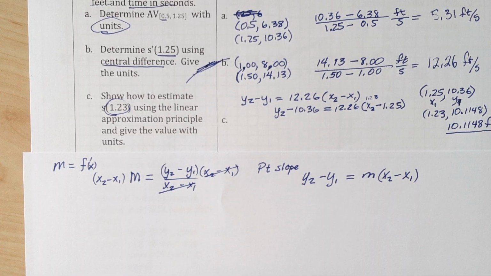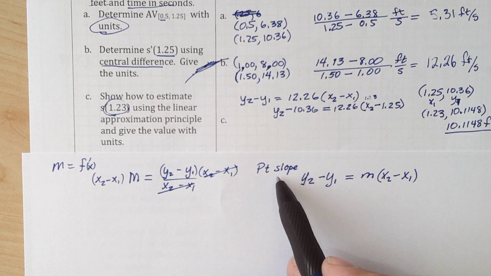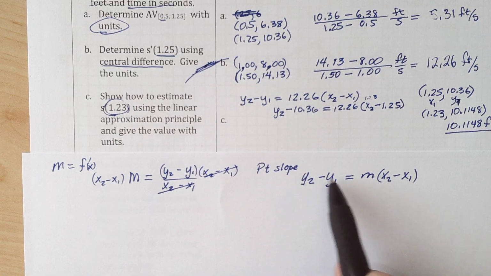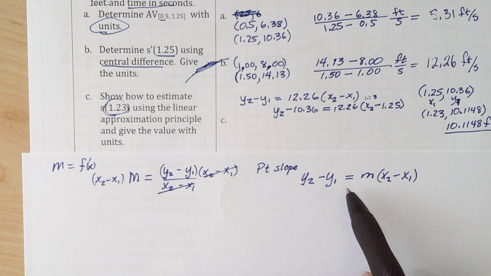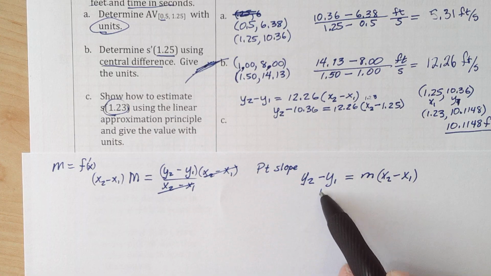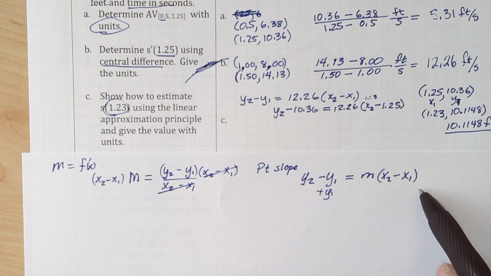Now, that's using the point slope form. Now, the book uses the linear approximation, local linearization formula, and all they did is take the y minus y1 and add that amount to both sides.